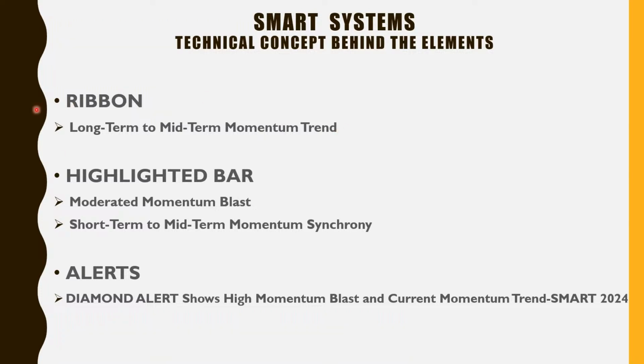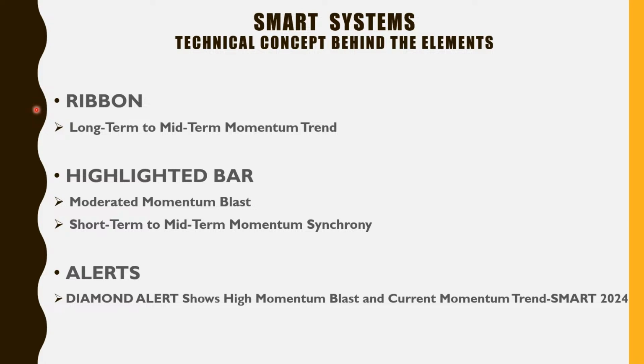So let me tell you what we have behind the SMART 2024: 3 elements. What's the concept behind every component in SMART 2024? The ribbon, highlighted bar, and alerts. Let's talk first about the ribbon, which by the way is one of the main innovations in our SMART series system.